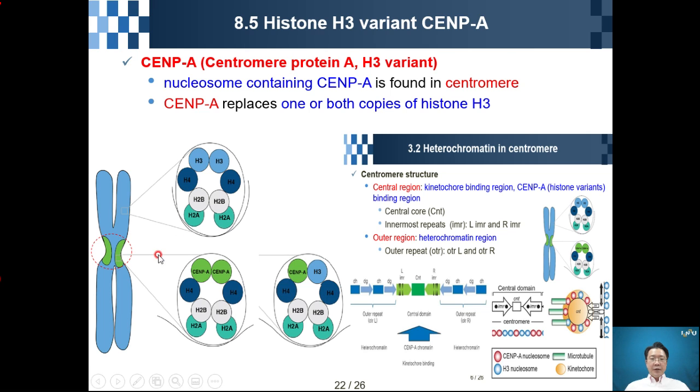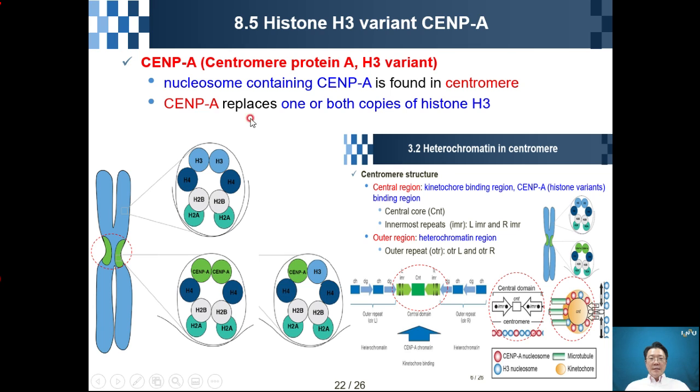This is the centromere structure, which is composed of a central domain and outer repeats, like this. Usually the nucleosome containing CENP-A is located here, in the central domain region. This is the nucleosome containing CENP-A. CENP-A is located here and here and here and here.